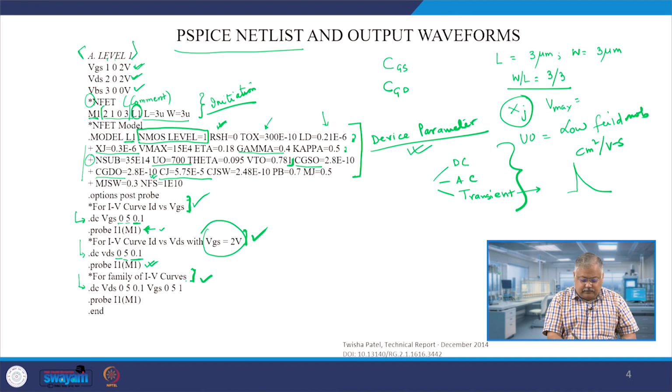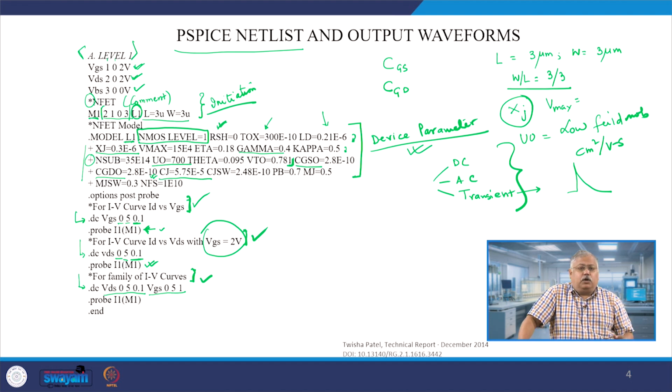Similarly, for the family of curves, VDS varies from 0 to 5 with a step of 0.1, and we vary VGS from 0 to 5 with a step of 1, which means that we take VGS equal to 0 and then vary VDS from 0 to 5 with a step of 0.1 volt. Then you make VGS equal to 1 volt, and again you vary VDS from 0 to 5 with a step of 0.1 volt.